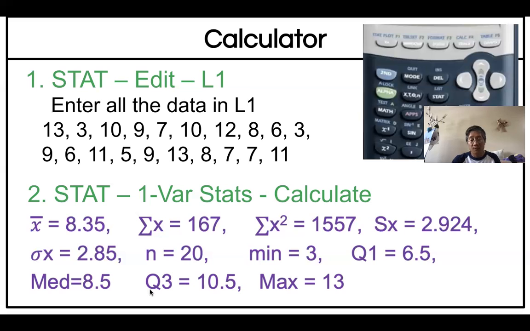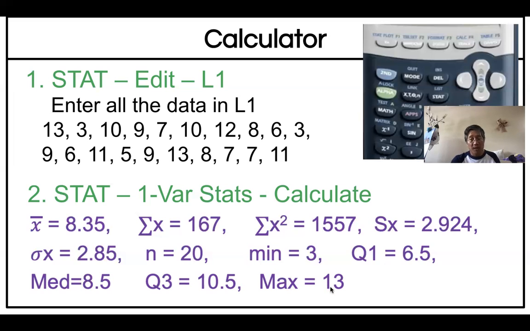Are you familiar with this in the box and whisker plot? So the minimum is 3, the first quartile is 6.5, the median is 8.5. Do you remember? We got this 8.5 when we did it manually, the same, right? The third quartile is 10.5, and the maximum is 13.